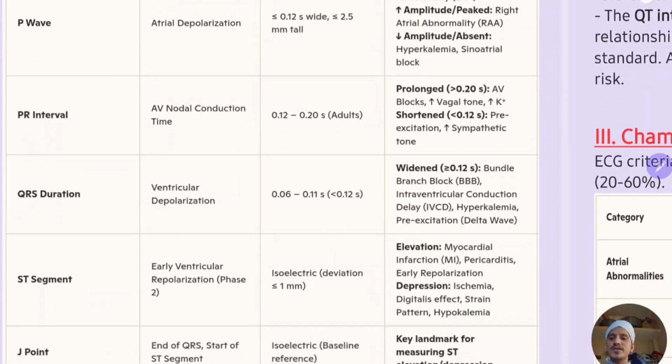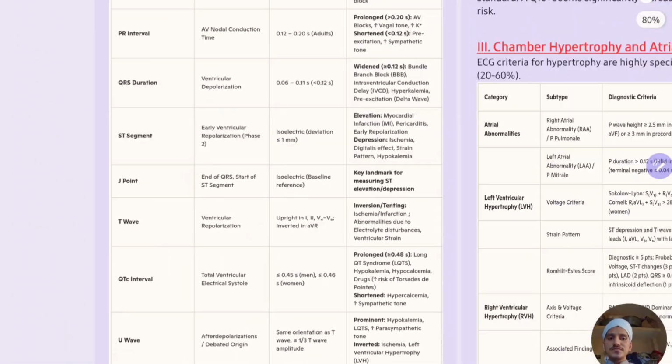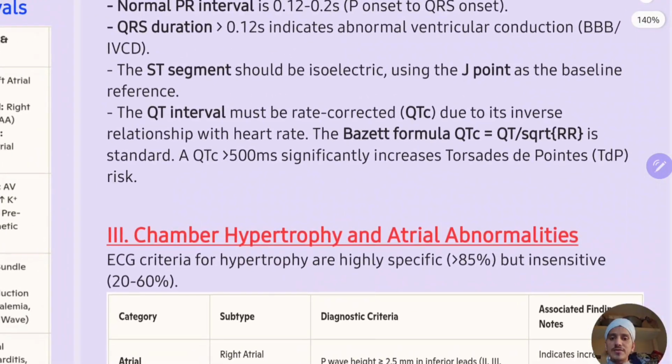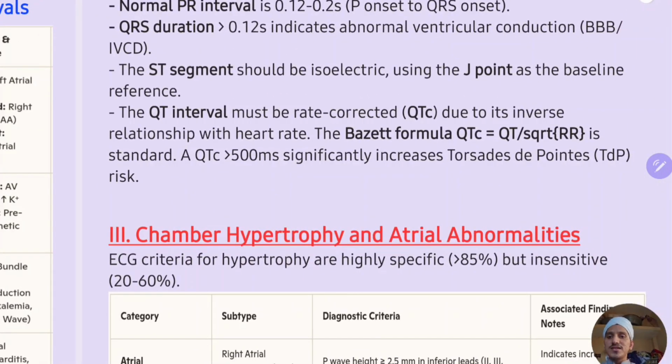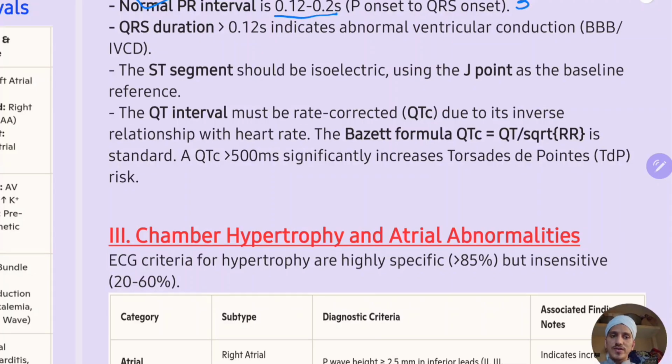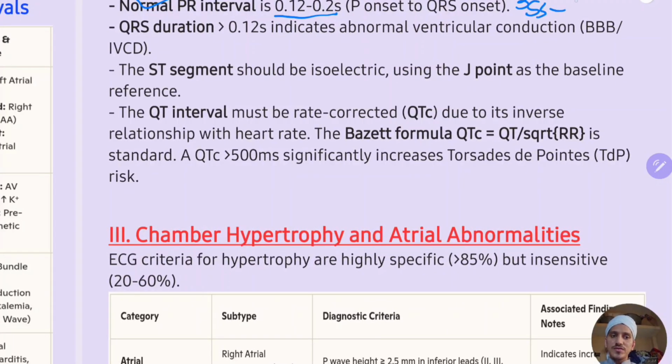Waveforms, segments, intervals, P wave, PR interval, everything. So chamber hypertrophy and intervals we'll discuss in the next video. Remember, this is the last thing. Normal PR interval is 3 small squares to 5 small squares. QRS duration is normally less than 3 small squares. So why does the QRS prolong? QRS prolongs only in two conditions: whenever there is an accessory pathway or when there is some bundle branch block.